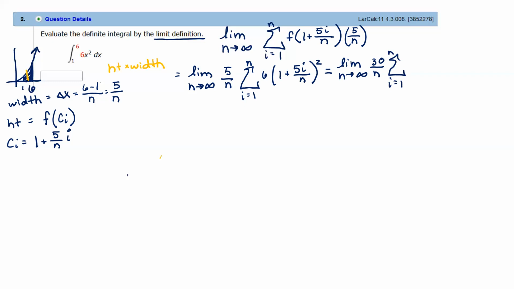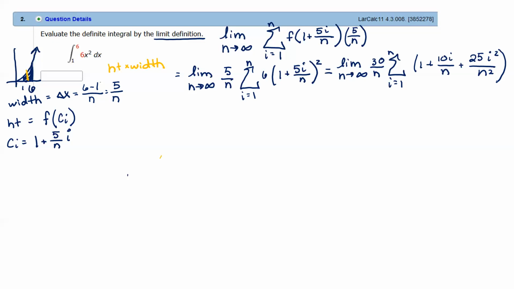So (1 plus 5i over n) squared is going to be 1 plus 10i over n plus 25i squared over n squared. Feel free to stop the video and work this out by hand if you're not sure where this comes from. It comes from distributing, FOILing, the binomial theorem, whichever way you want to do that. We're just expanding a binomial.